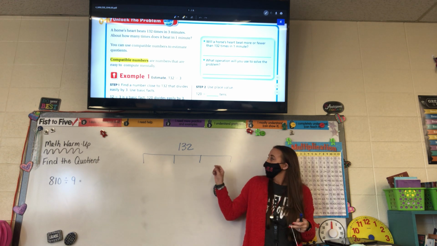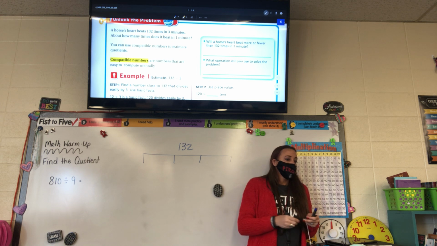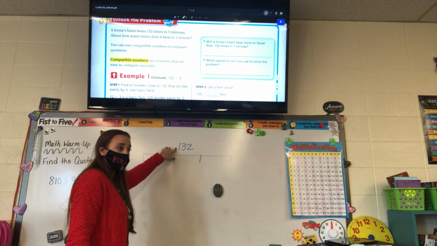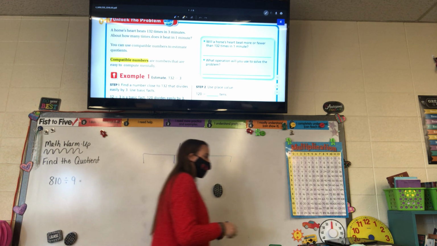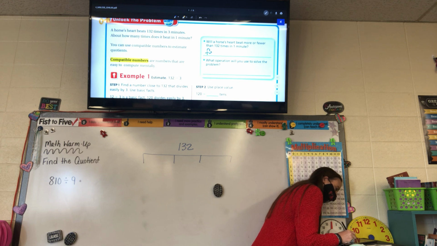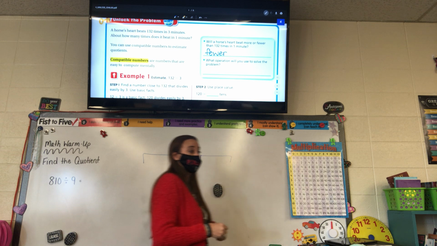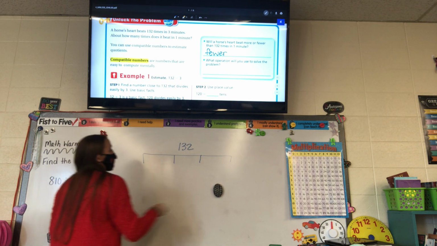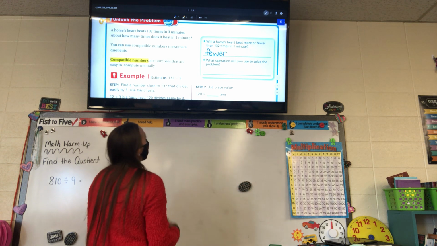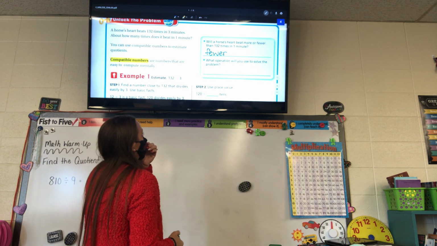Fewer. How come? Because 1 is less than 3, and you're splitting this into 3, like thirds instead of 1 whole. That's right. Good, Jace. So each minute would be fewer than 132.